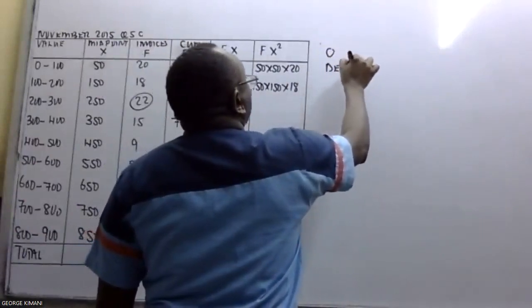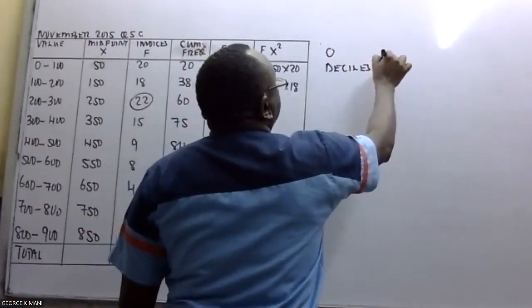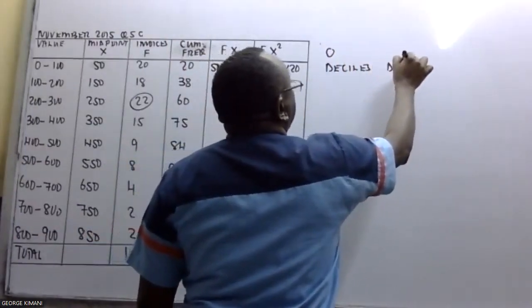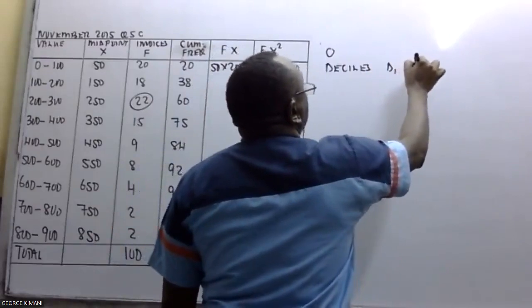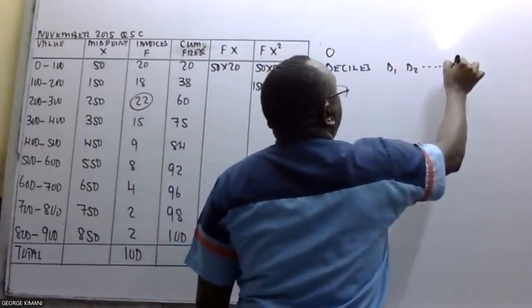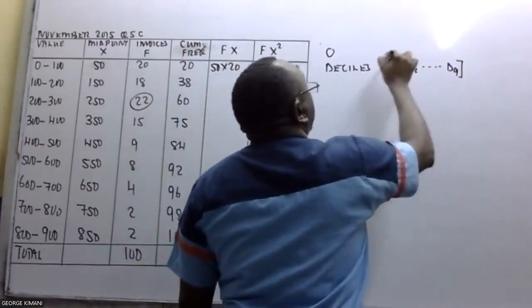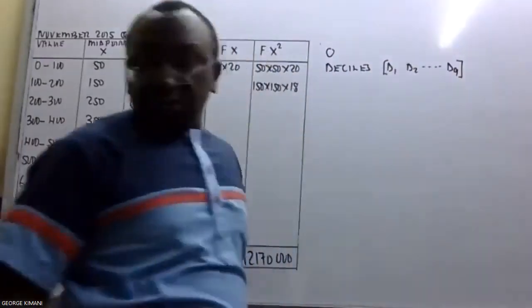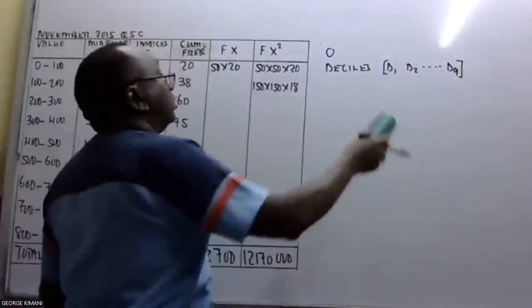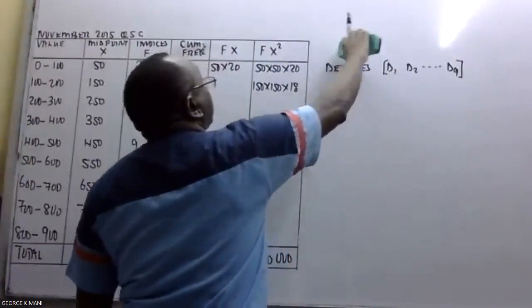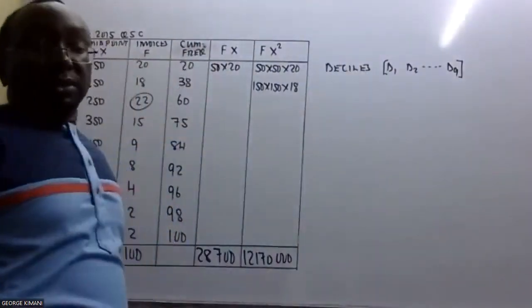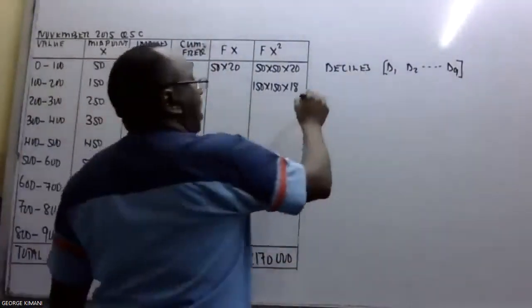The next one is called deciles. Now deciles will be D1, D2, all the way to D9. Remember, deciles divide data into 10 equal parts.